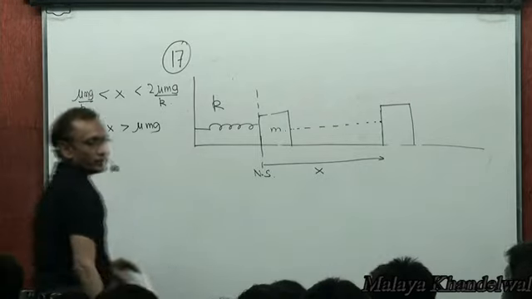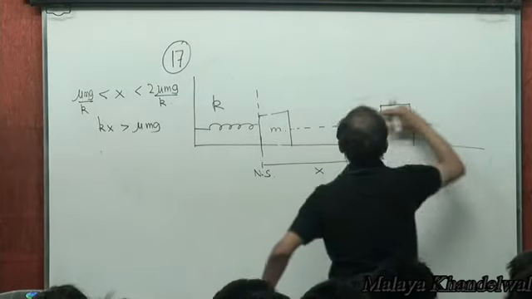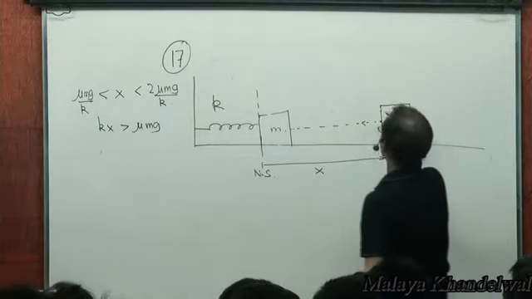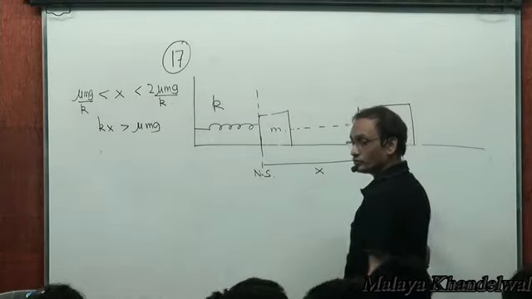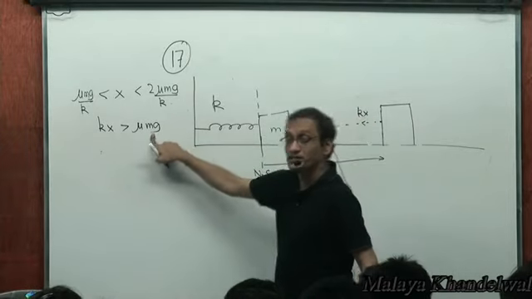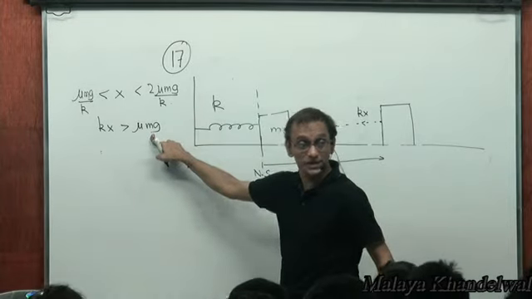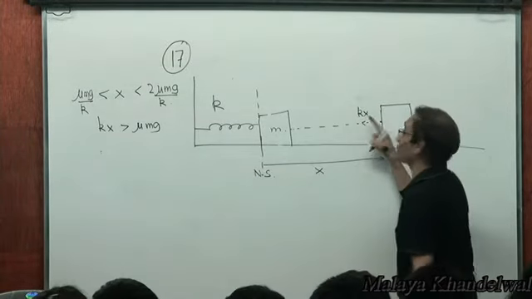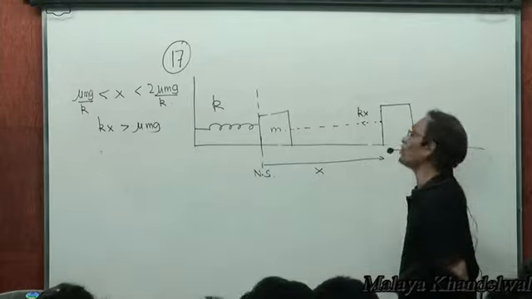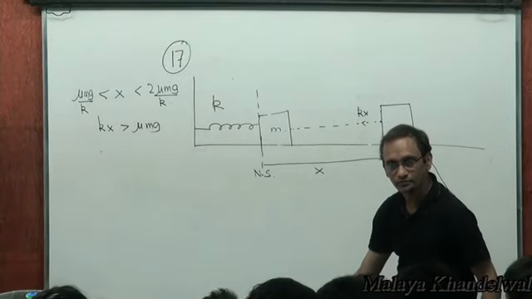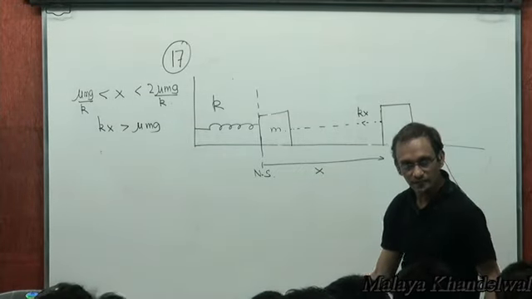If the spring is elongated by an amount x, the spring force would be kx to the left as shown, which is larger than maximum static friction. Mu mg is the maximum static friction, so kx will overcome friction and the block will move to the left. Right?